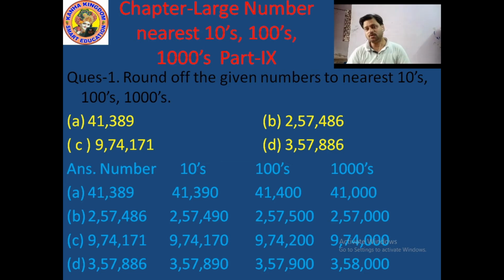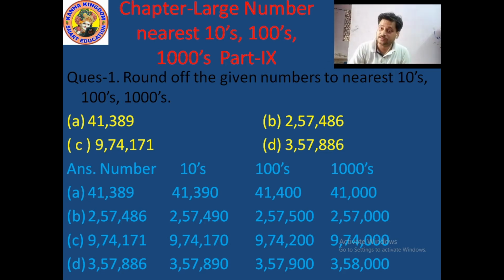Now the nearest 1000 of this number. In nearest 1000 we again check two places, the 100 place and the 1000 place. Which digit is in the 100 place? 1, and yes, 1 is less than 5. So you convert the 100 place, tens place and ones place into 0. Before I tell the answer, do you add anything in the 1000 place?